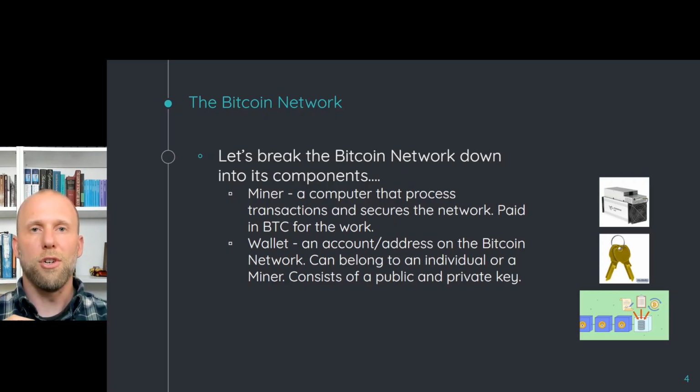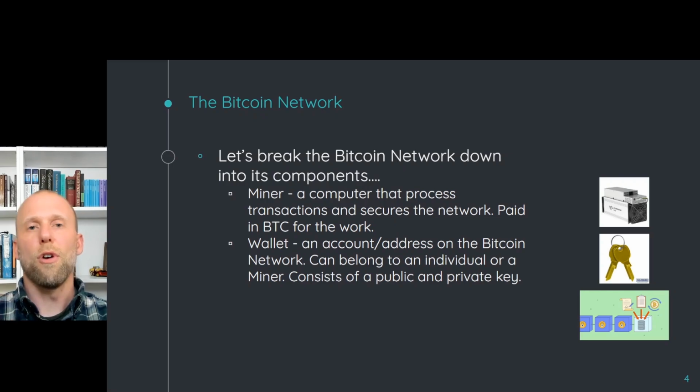The Bitcoin ledger is maintained by the Bitcoin network, and it's on the Bitcoin network that you have your wallet address. Your address, your line, if you will, in the Bitcoin ledger that has your account number and your public key and your account balance on there. That is all on the Bitcoin ledger.